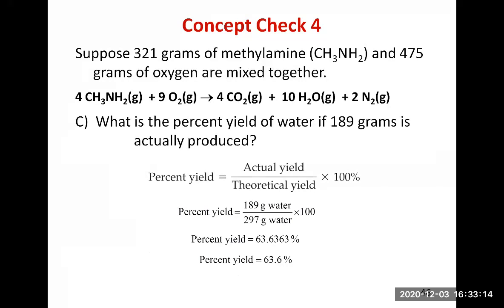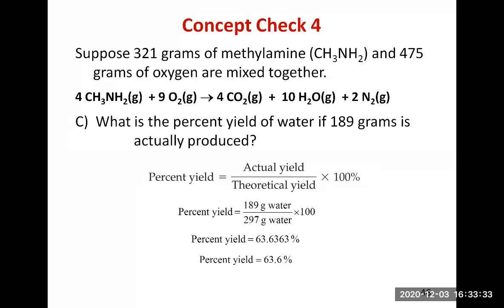That's what you actually get from this reaction. The theoretical yield is the theoretical yield of water. So it was the 297 grams of water that you could produce from the grams of oxygen.